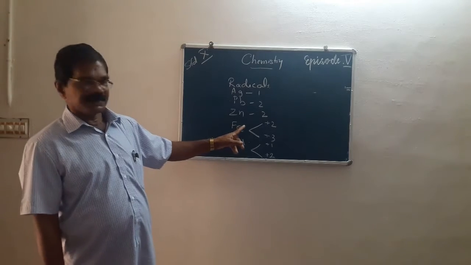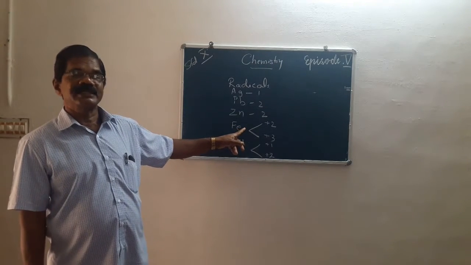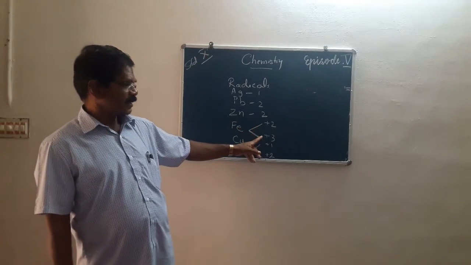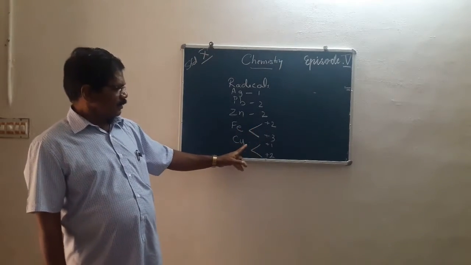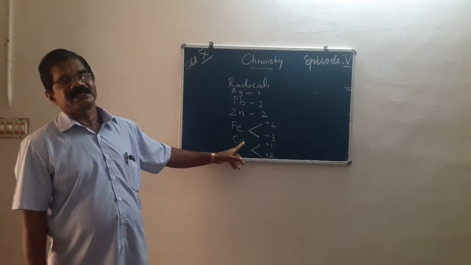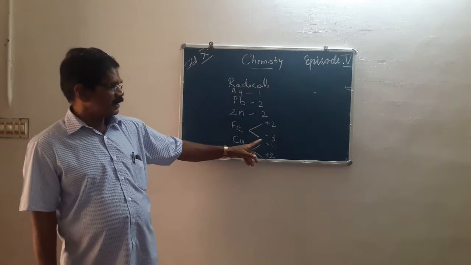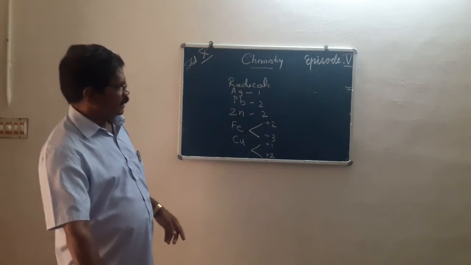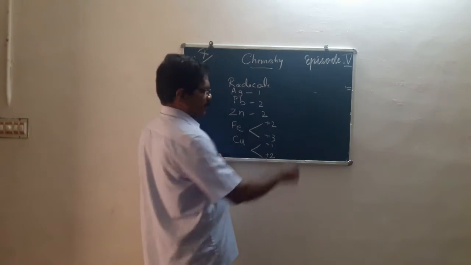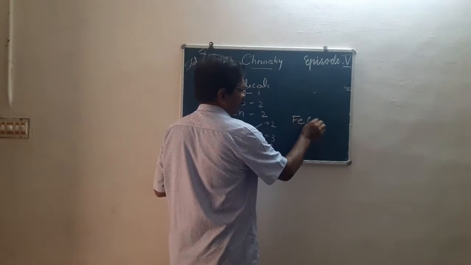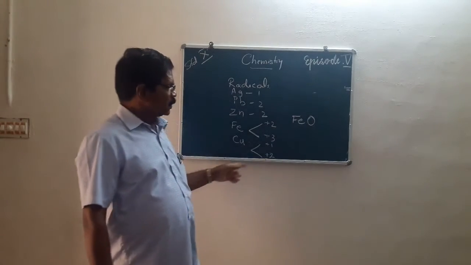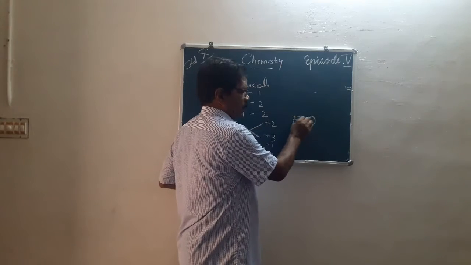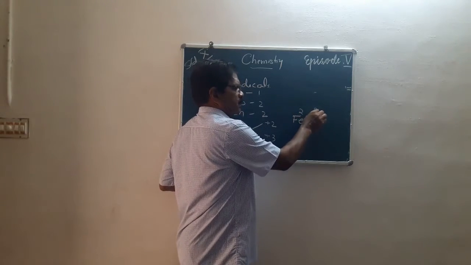The common property of transition metals is that some of them show variable valency. Similarly, copper is another transition element, which also shows variable valency. Cuprous compounds positive 1, cupric compounds positive 2. For iron, for example, ferrous oxide: in ferrous compounds the valency of iron is 2, and the valency of oxide is 2.